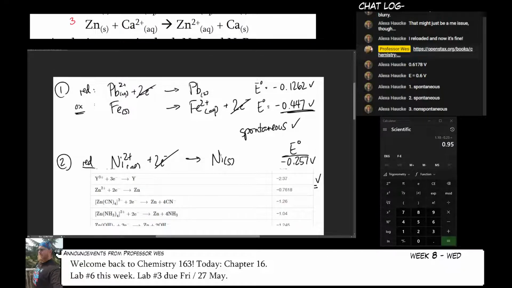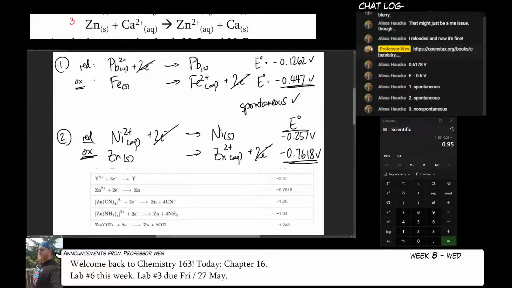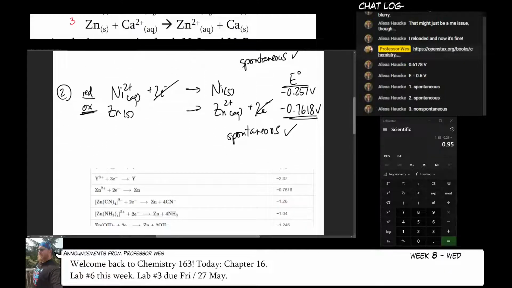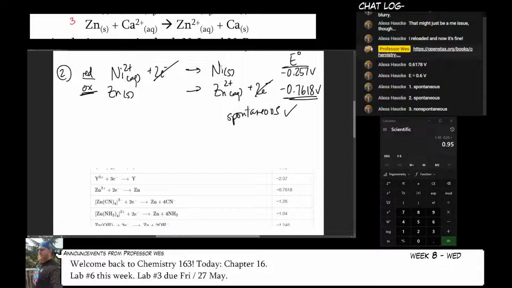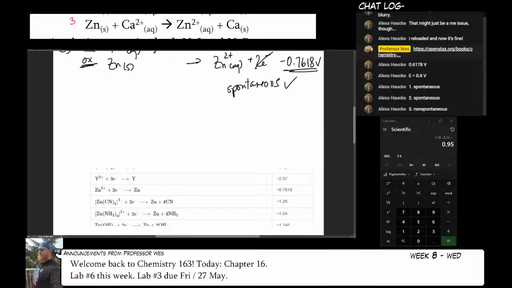Alright. I can already tell by looking at this one it's not spontaneous because calcium does not want to do this. So what's being reduced? Yeah, calcium. You don't reduce calcium. Don't be ridiculous. What are we oxidizing? We're oxidizing zinc again.